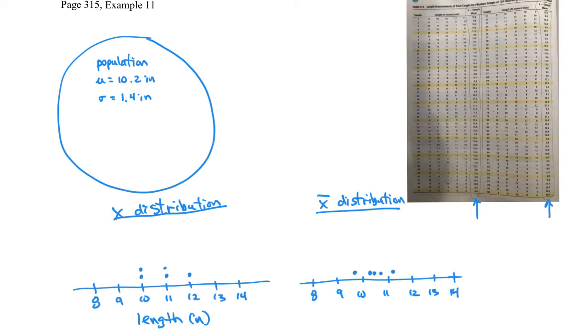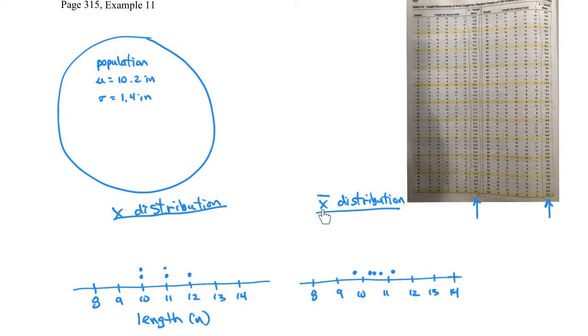Because think about, if a 14-inch trout is really rare in the population, how likely is it that somebody would get a mean of 14? They're going to be very unlikely, because whichever kid occasionally catches a 14-inch trout, he or she also has 4 other trout that get averaged in to make the X bar distribution.